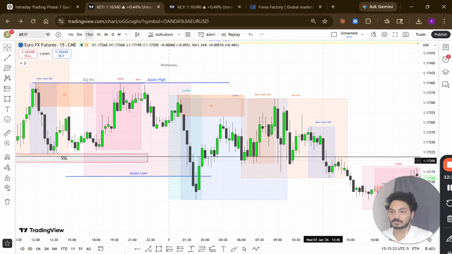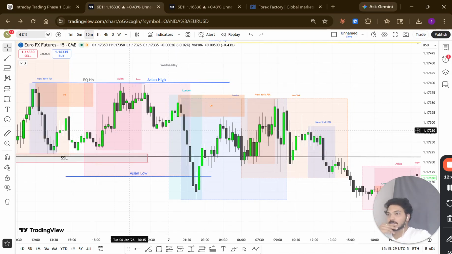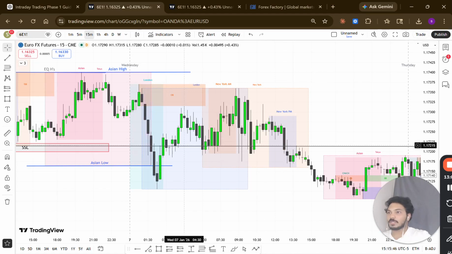We already marked all the swing high, swing low, swing high again. We don't really have any liquidity pools, I mean, the fair value gaps. What else am I missing?